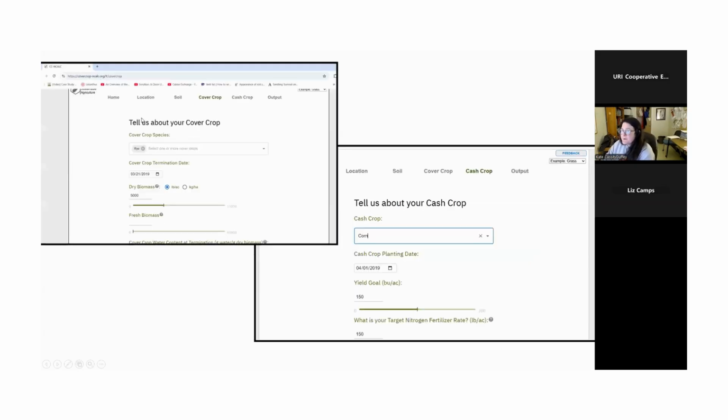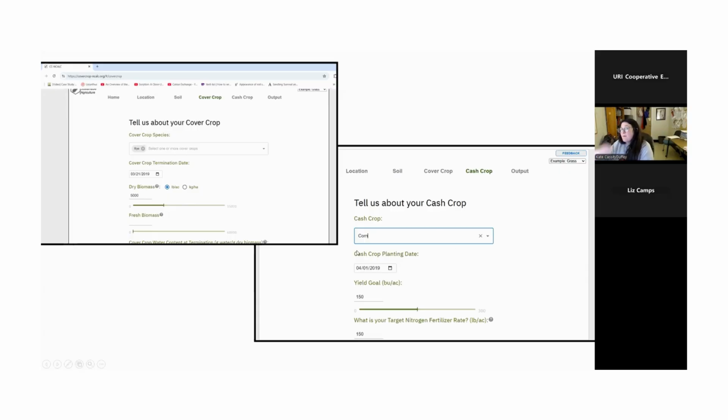The way that it works is you tell it what cover crop you planted. You tell it when you terminated it. You can give some inputs of biomass, which are pretty easy to estimate. And if you're interested in that, I'd be glad to share an extension bulletin on how to do that. It also will then fit in some fresh biomass and other parameters.